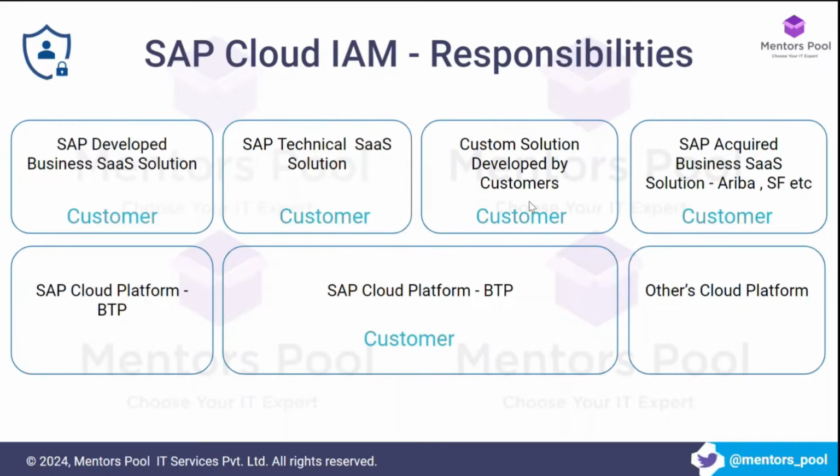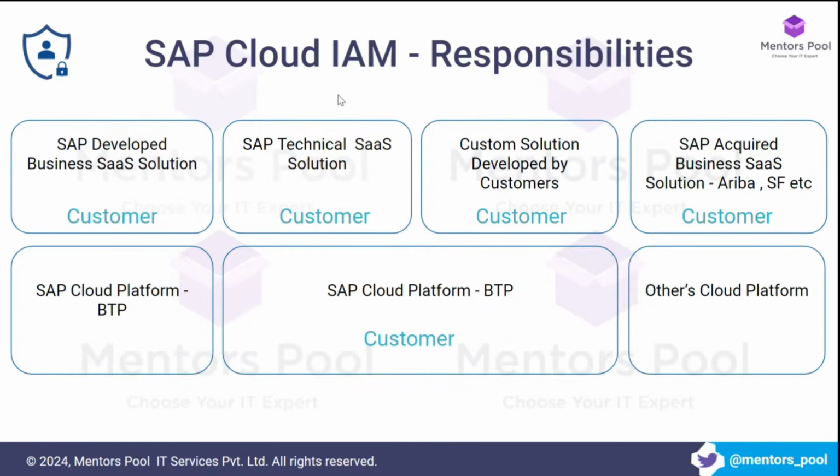Then there are custom solutions developed on BTP. You can develop custom solutions on BTP also, so the customer develops them and identity access management will again be done by the customer. Now the acquired solutions, SAP Ariba, SuccessFactors, Fieldglass, Concur, these will all be done by the customer, and the BTP platform on which these all run will be managed by the customer only.